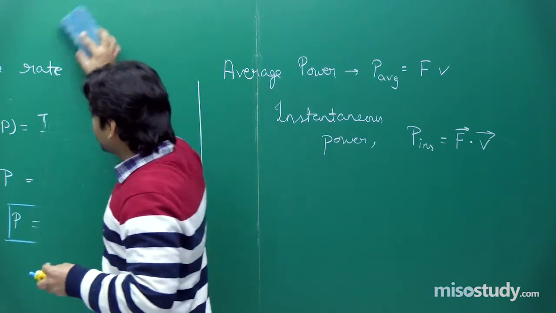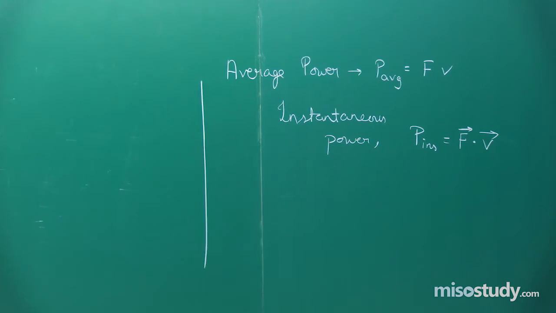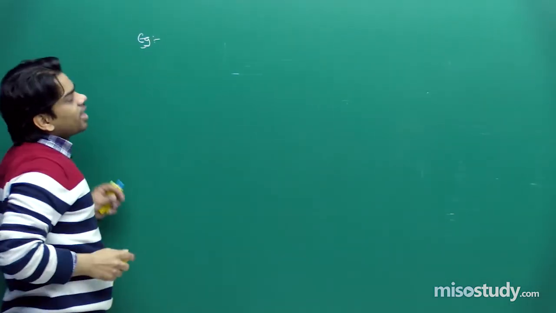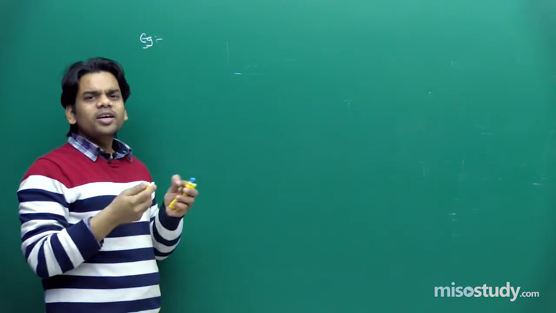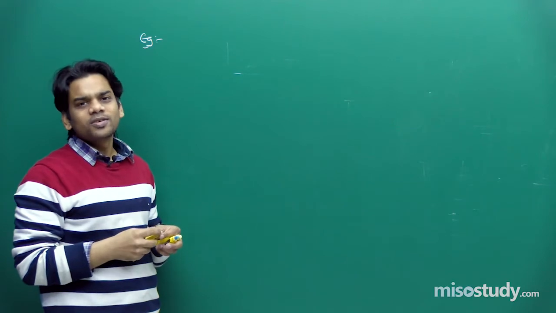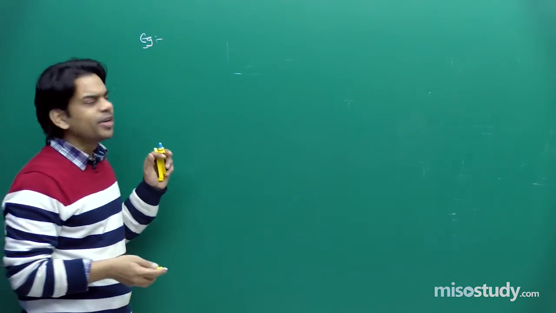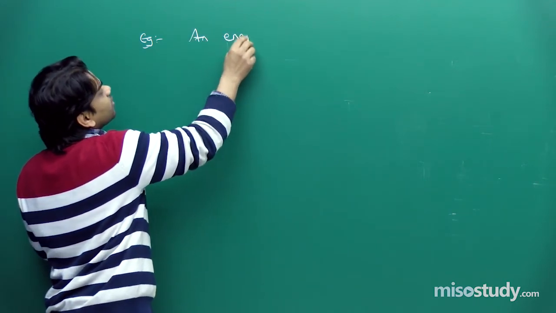Let's go to a simple question. We'll do very basic questions based upon this concept. Let us say an engine is pulling up water from a depth of 20 meters.